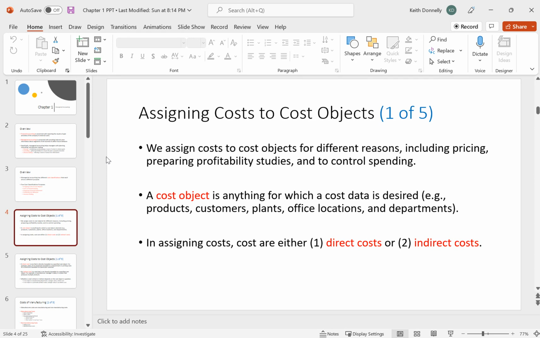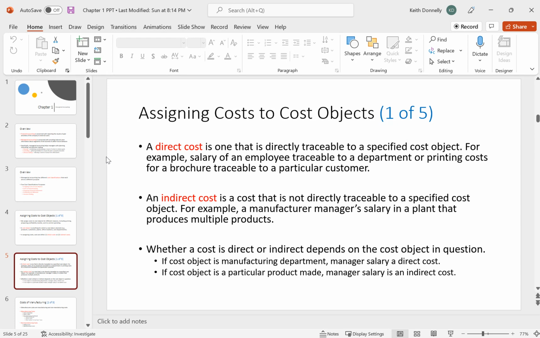So, hey, what is the cost of our product, a customer, the plant, our office location, a particular department within the business? What does this cost us, right? What we're looking at there is the cost object. And once we identify that cost object, we assign costs accordingly. So in that framework, costs can be direct costs or they can be indirect costs.